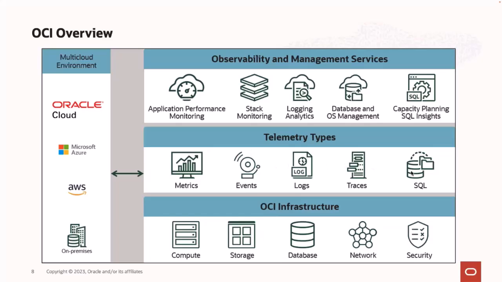Recently we have added SQL, which gives important information around your services and what you're building on top of them from an observability management point of view. We also use these services to build our advanced services within observability management: application performance monitoring, stack monitoring, logging analytics, database management, and capacity planning and SQL Insight, which is part of Operations Insights.